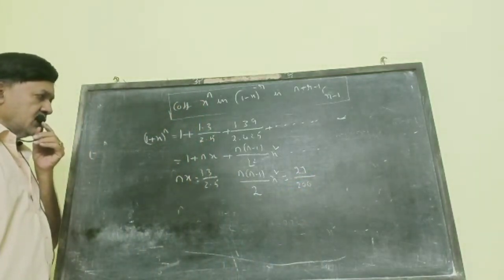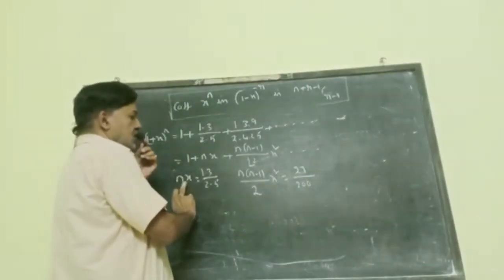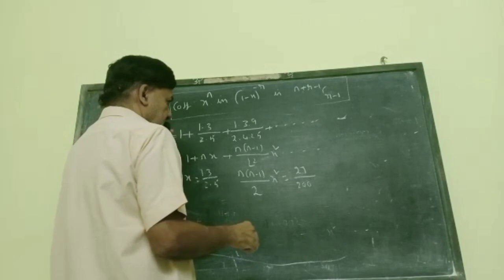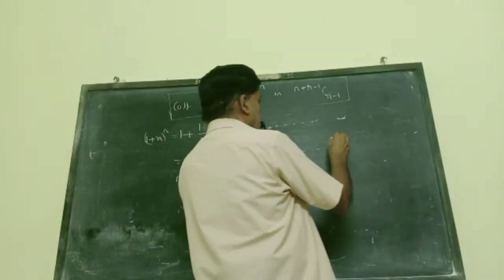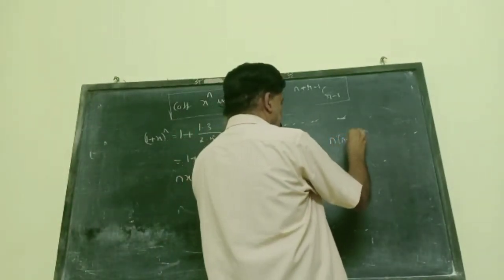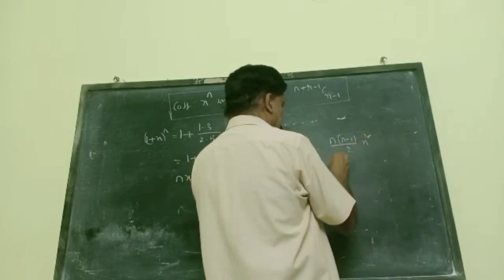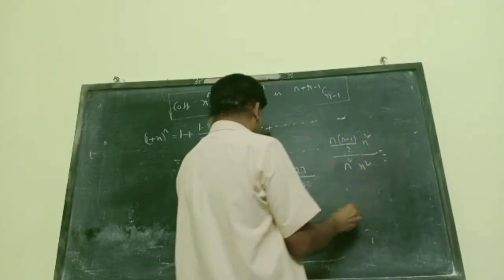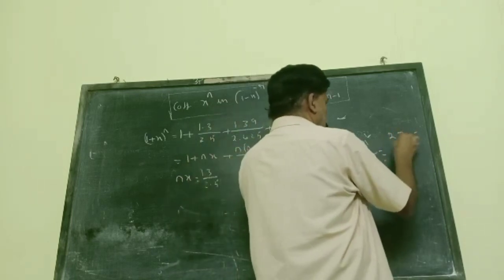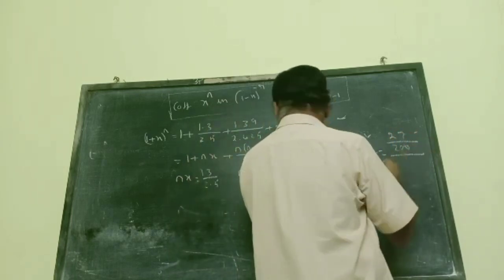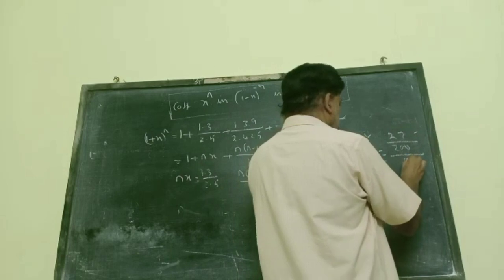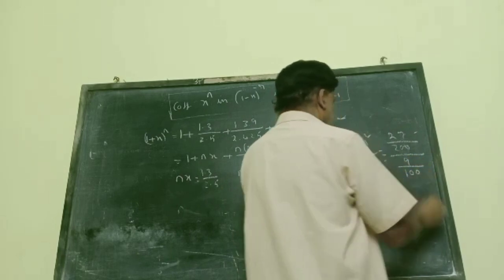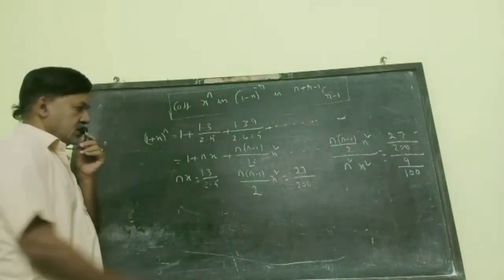Okay, correct? Now, you square it and divide. So n into (n minus 1) by 2 x square by n square x square is equal to 27 by 200 by 9 by 100. Correct? 9 by 100.